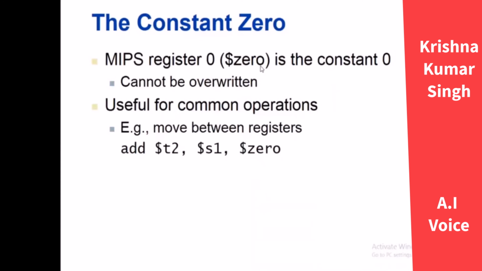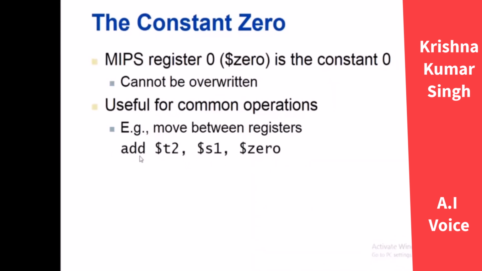It is hardwired to 0 or ground, so this register always holds number 0. So you cannot store any number or variables here. Why do we use it? For example, if you want to transfer the content of one register to another one, there isn't any move instruction. Instead of that, you can use this formula.